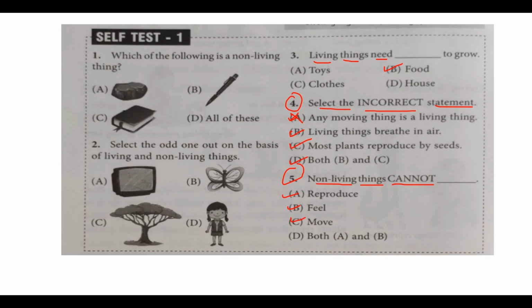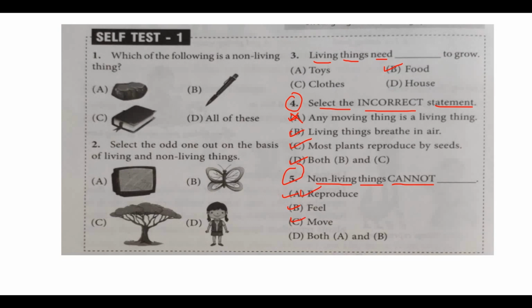Non-living things cannot reproduce, cannot make their own kind. For example, if you have a water bottle, the water bottle cannot make its own kind of water bottle. It should be produced in the factory. So it cannot reproduce. And for example, a bottle will not feel hurt or any kind of pain, so it will not reproduce and will not feel.